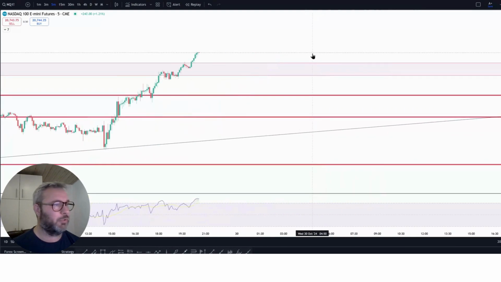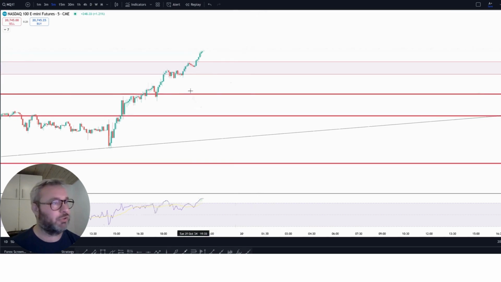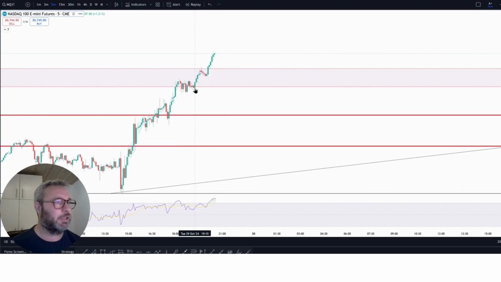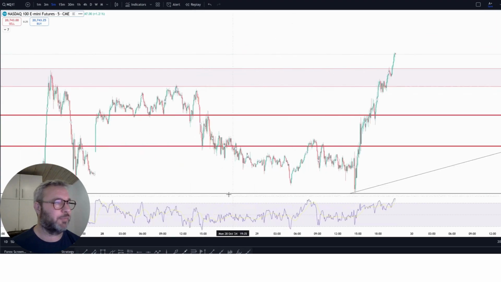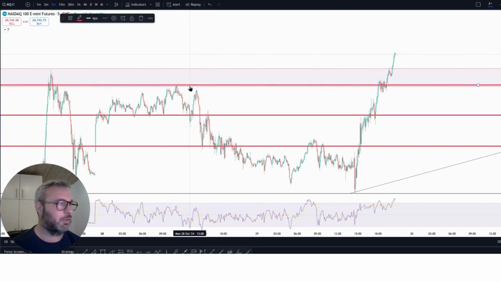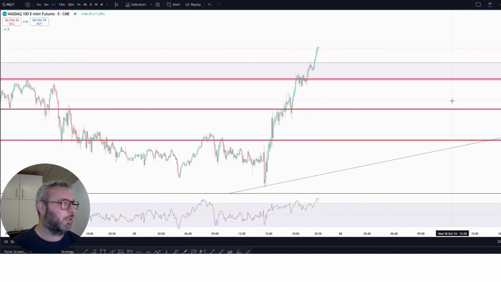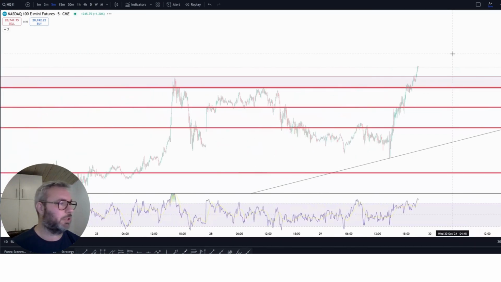So basically what I'm doing is that I'm waiting for the price to come down. And then when the alert goes off, I open my chart and see what's happening. If it looks interesting, I'll enter a trade. Let's see, what do we have here? Yeah, one here as well. Here. Yeah, that was pretty basic.